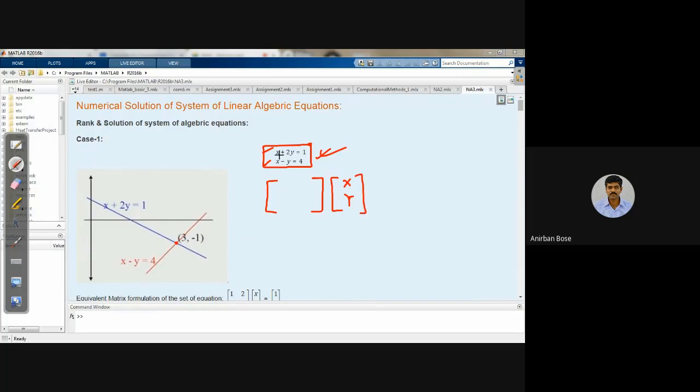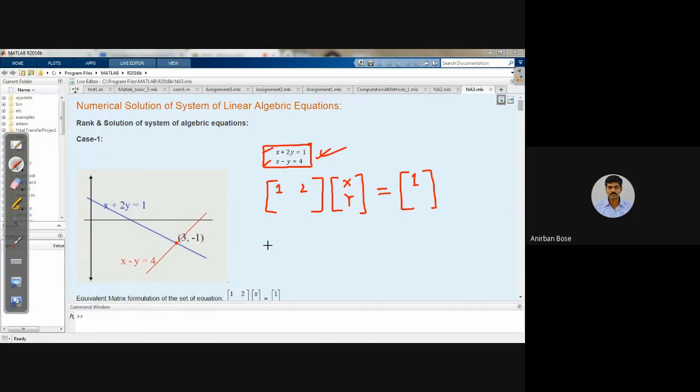And the coefficients of the first equation are 1 and 2. And that is equal to what? If you do the matrix multiplication, 1 into x plus 2 into y, the first equation, that is equal to 1.